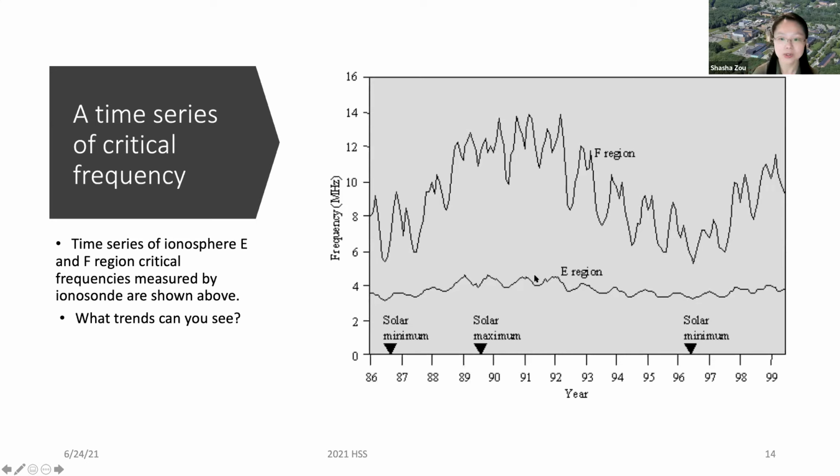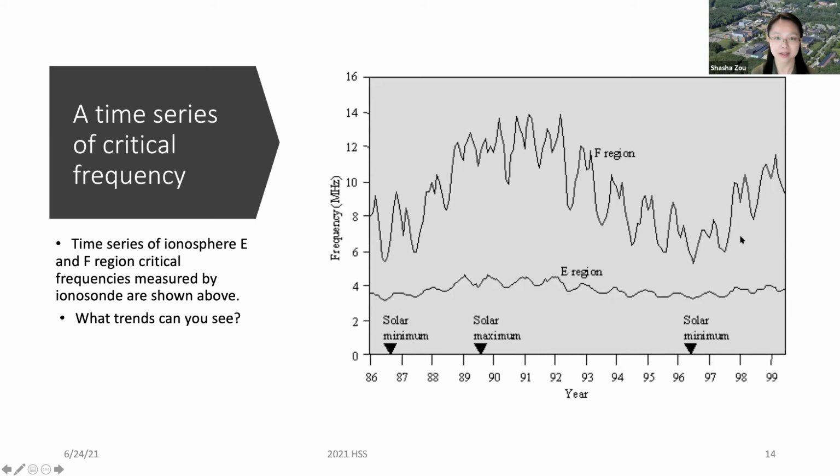Now here you can also see a curve for the E region, right? And the E region frequency is much lower than the F region. So what does it mean? Spend 15 seconds, think about that. Remember the handy equation. The higher the frequency, the higher the density. So here we see the E region throughout the solar cycle has much lower frequency than the F region.